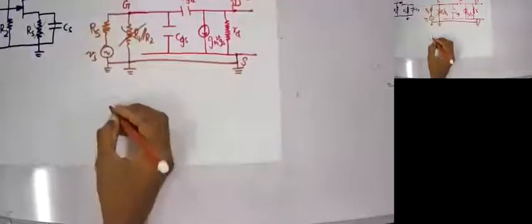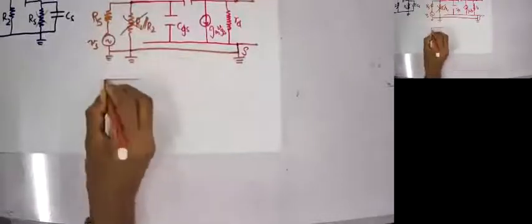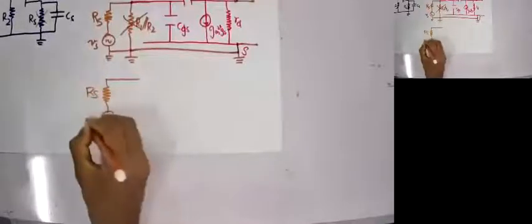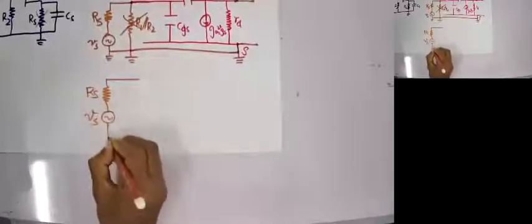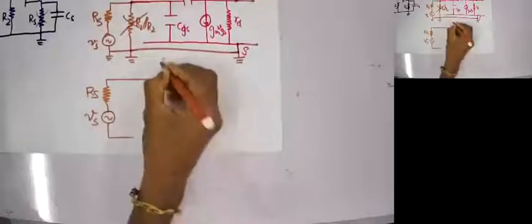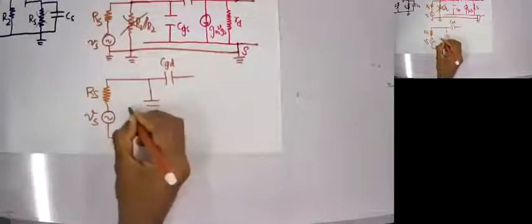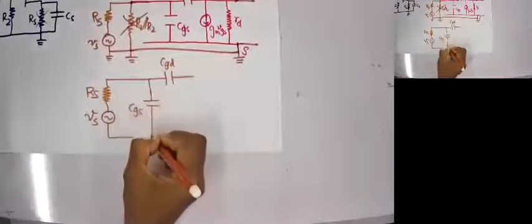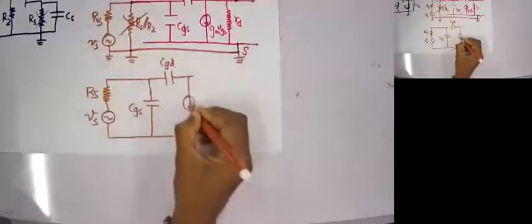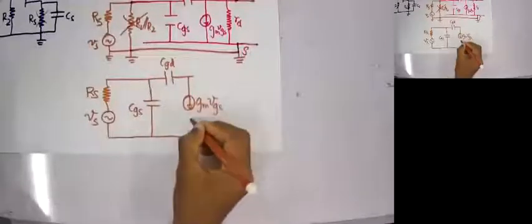So now your final circuit will be gate, RS, VS, then CGD, CGS, gm into VGS.